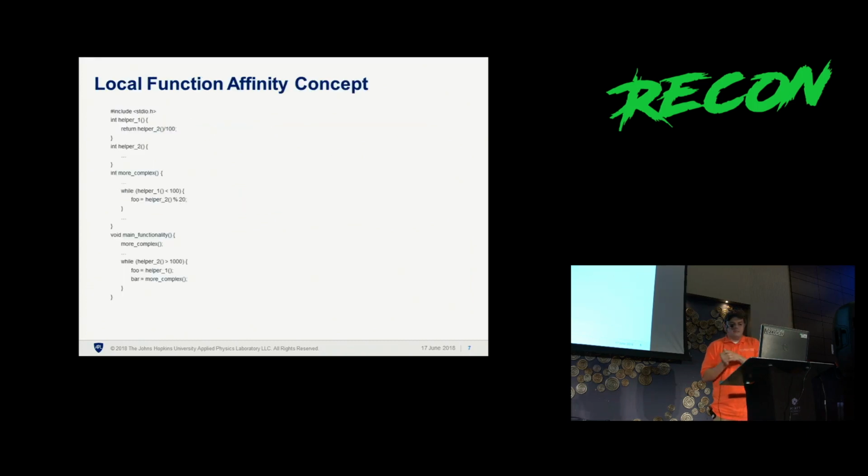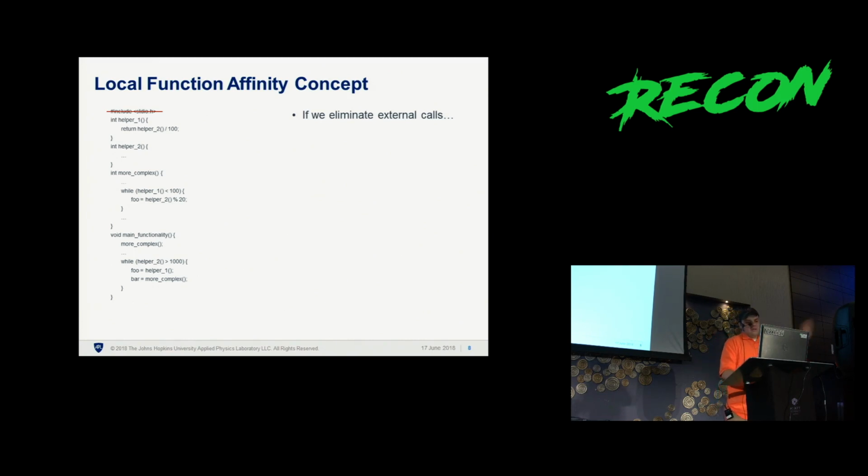So this is the concept I came up with. I call it local function affinity. Back to our embedded developers, we've got a bunch of C files in our build. Imagine this is your first C file. We're going to eliminate external calls. I'll punt on explaining how I do that in the binary for right now.